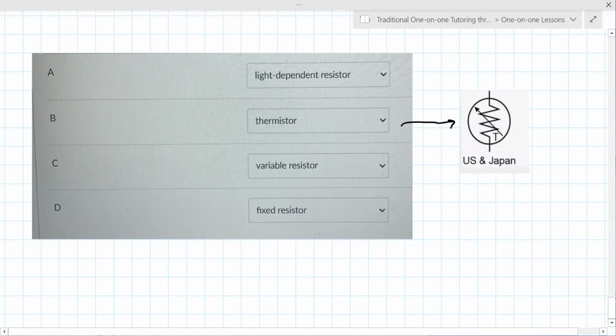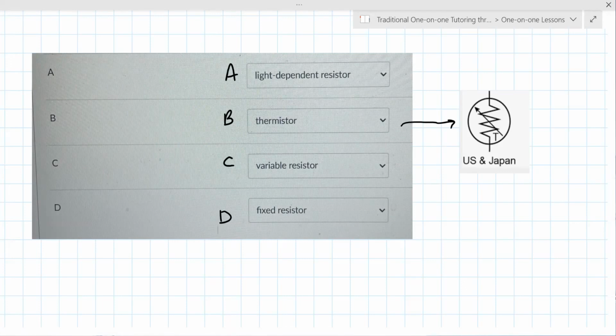I think you've got one like that on yours. And you've also got this one where, oh yeah, yours has a T on it. So yeah, this is B for sure. Your light dependent resistor is A. You got these all right, actually. Those are all good.